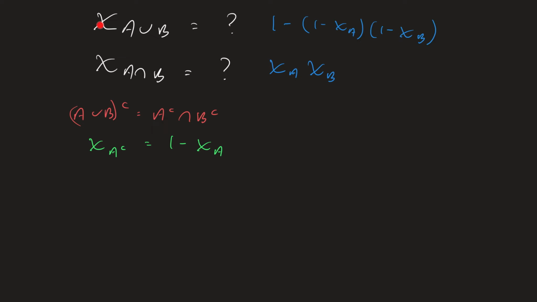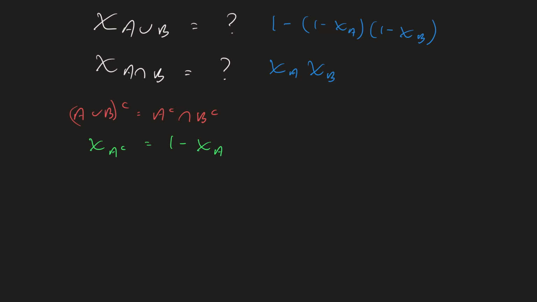Specifically, the characteristic function of A union B is equal to 1 minus the characteristic function of the complement of A union B. And the characteristic function of the complement of A union B is equal to the characteristic function of A complement multiplied by the characteristic function of B complement.